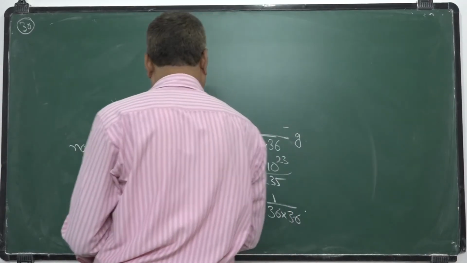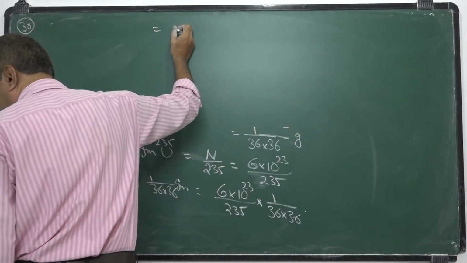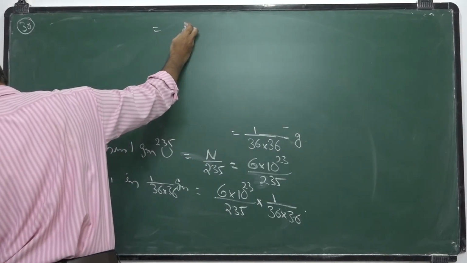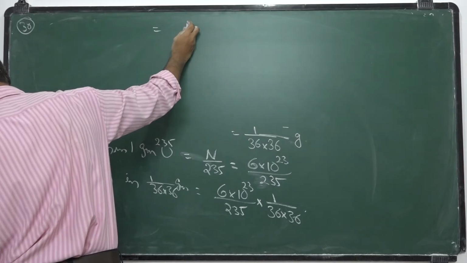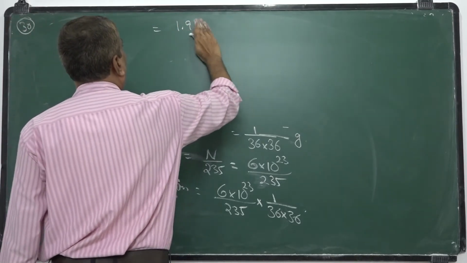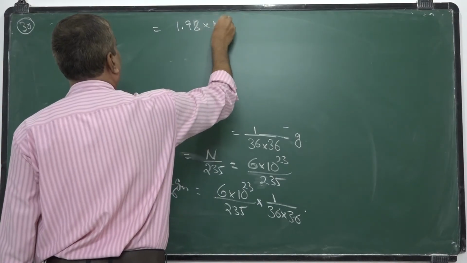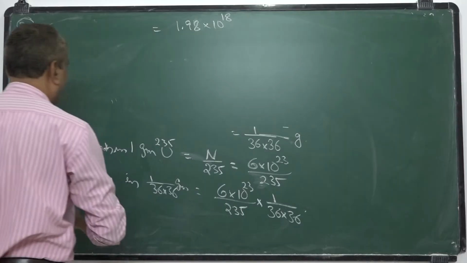So this many number of atoms. Now calculating this, we get this equal to approximately 1.98 into 10 to the power 18, I think. Okay, this one.